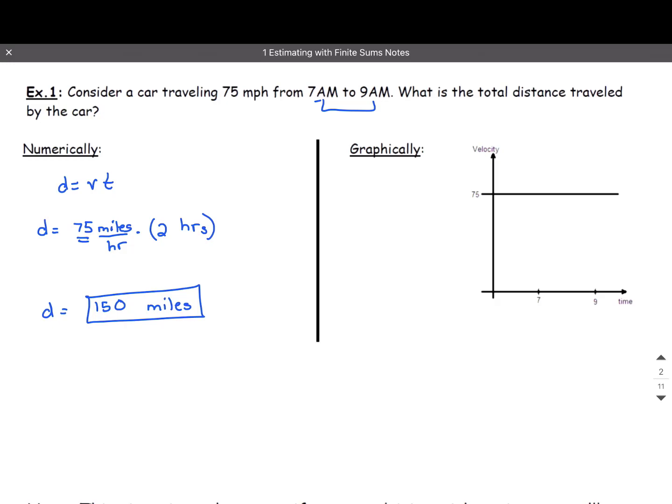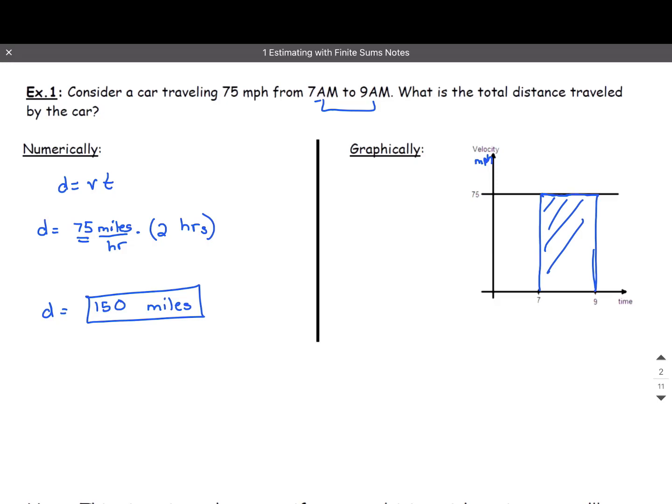Now, if we look at this graphically, here's the velocity at 75 miles per hour, and it's 7 a.m. to 9 a.m. So if we look from 7 a.m. to 9 a.m., this shape here is a rectangle, right? And this is the curve, the velocity function.